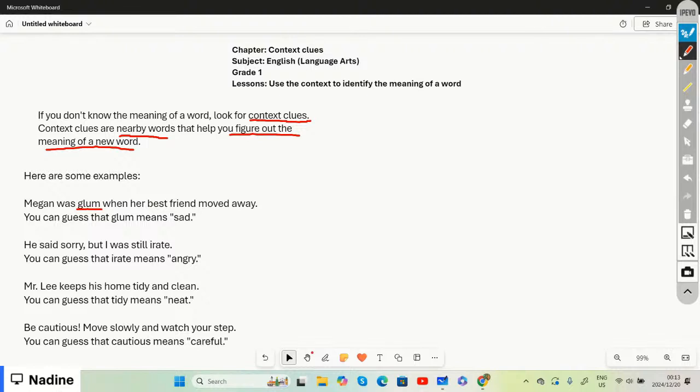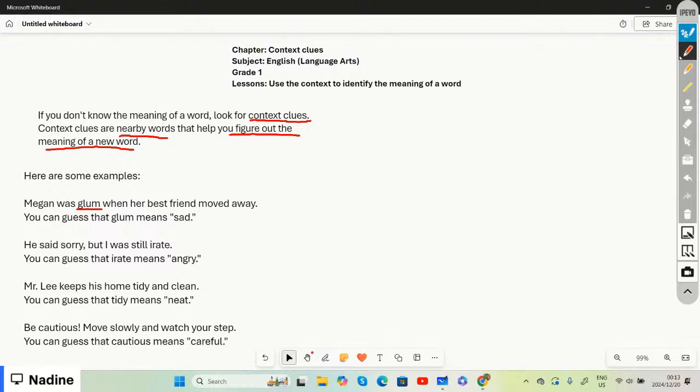So if we look at the word glum, without us having to go to the dictionary, it seems like we don't know what the word means. But if we look at that sentence again, it says Megan was glum when her best friend moved away. If we don't know what glum means, just look at the whole context of the sentence. It says that her best friend moved away.